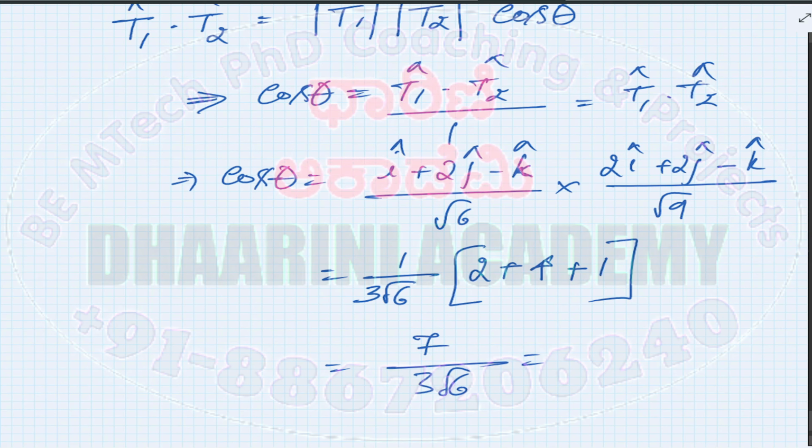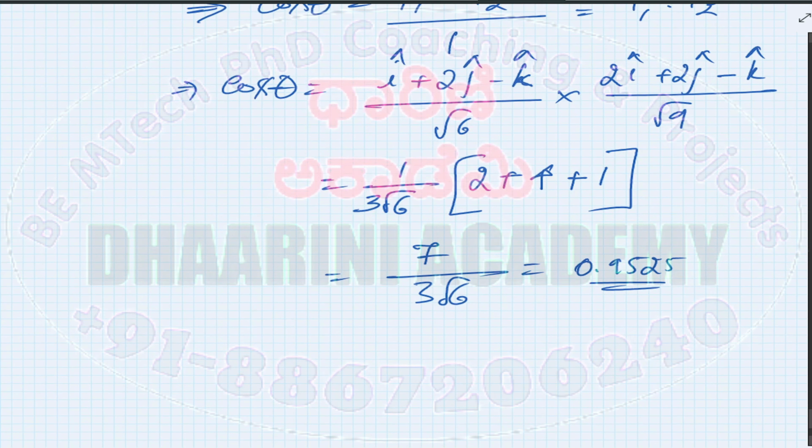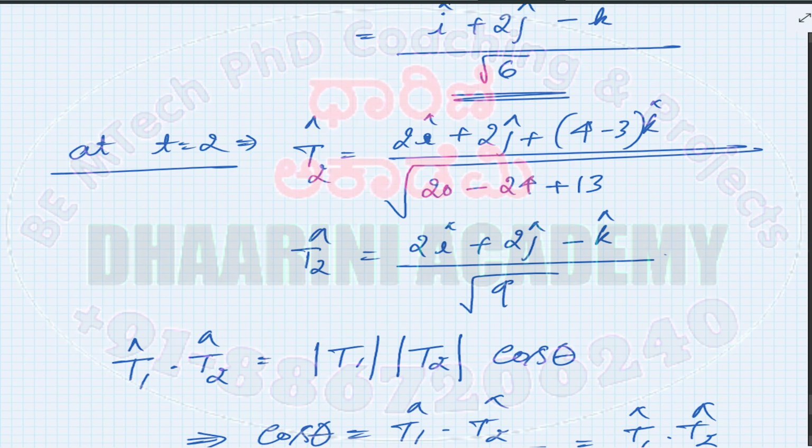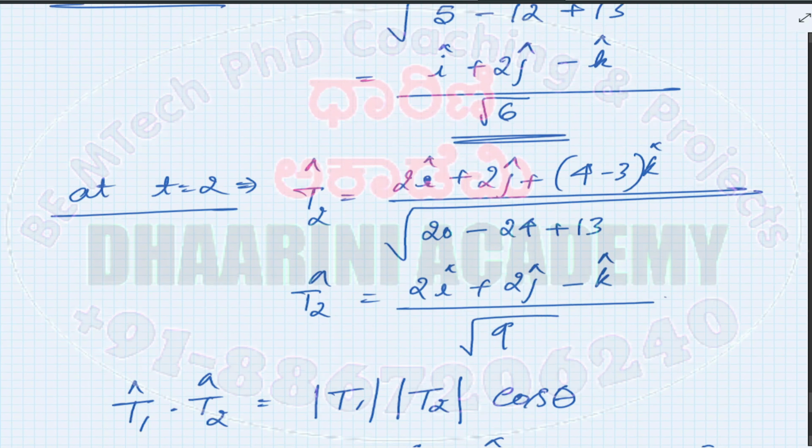So if you calculate this value, this comes to be 0.9525. So cos theta is that. Let me just verify the product once.